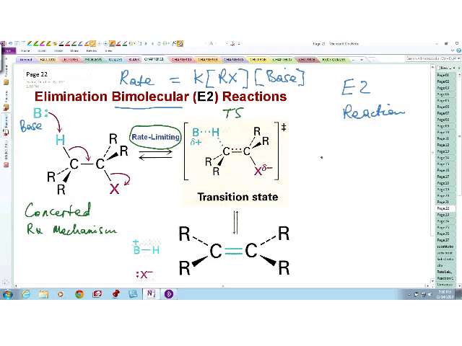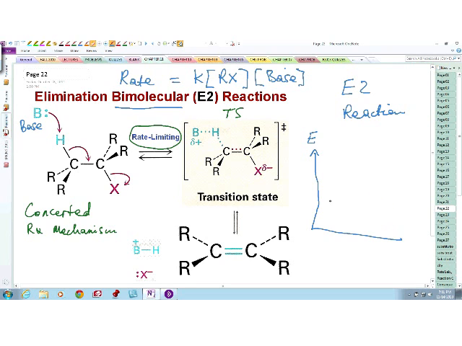Now, if we have to draw the reaction energy profile for the E2 reaction, will it be similar to SN2 or similar to SN1 reaction? SN2, exactly.